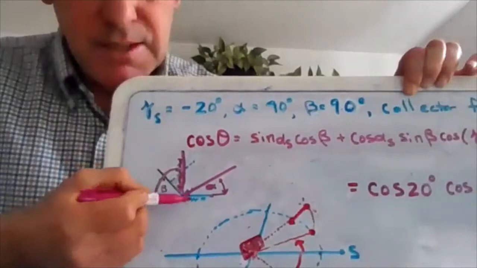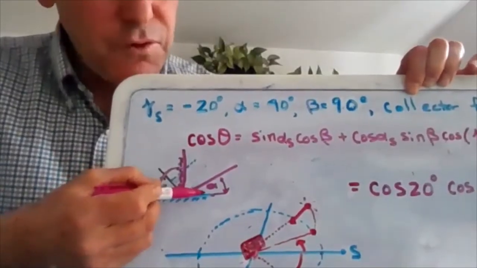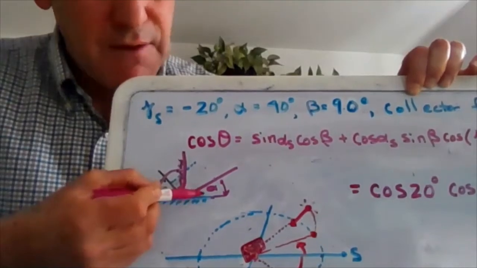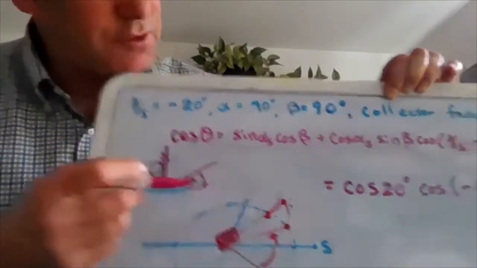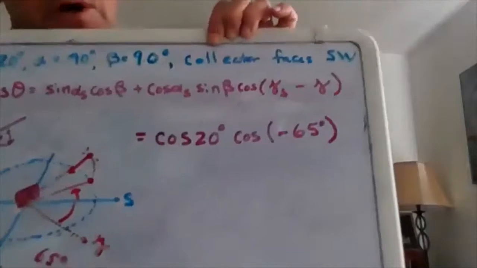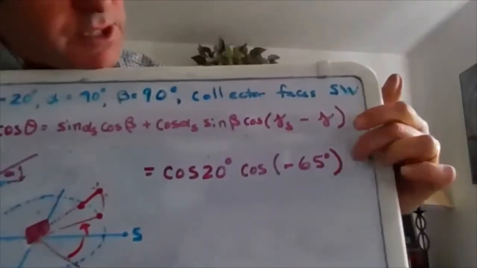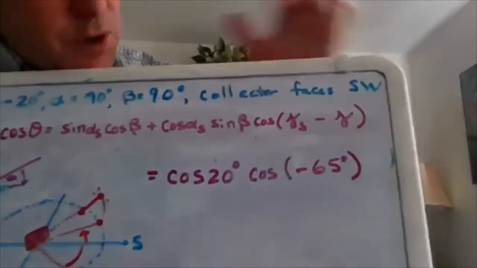The sun is coming in like that, and for a vertical surface, how far are we off? R is the same as alpha, so we're off by 20 degrees. In this case, we're off by 65 degrees horizontally, and then a little bit vertically. Let's just crank the numbers and see how it turns out. I'll do it on my calculator and check our work.